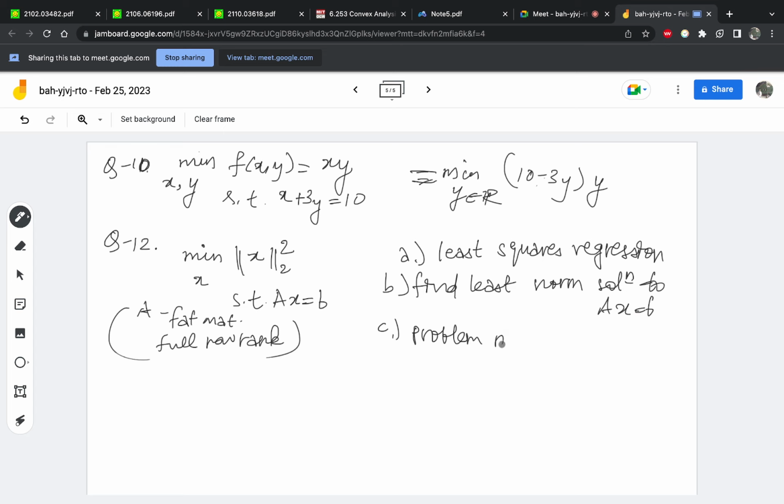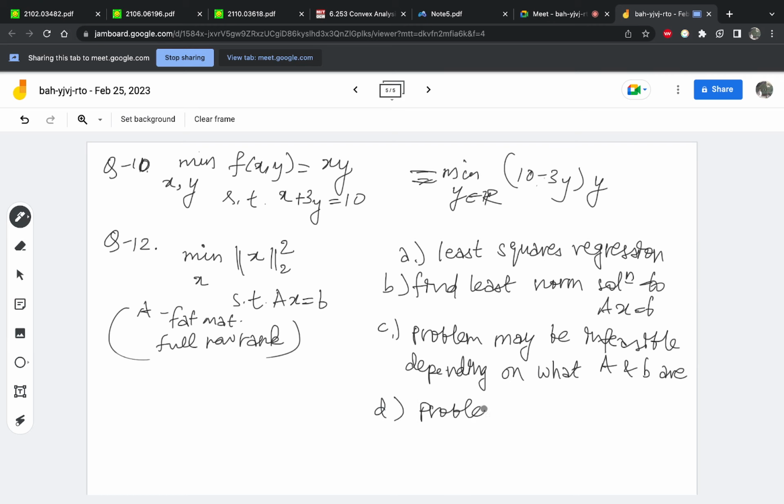The problem may be infeasible, depending on what A and b are. The problem has a unique solution.